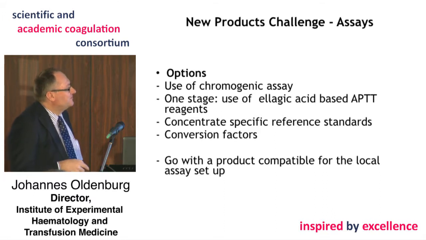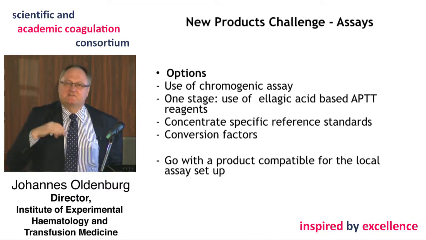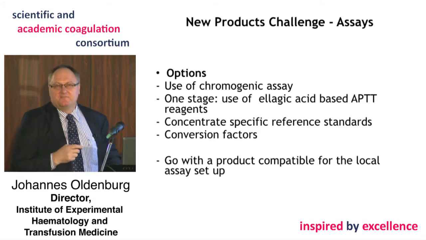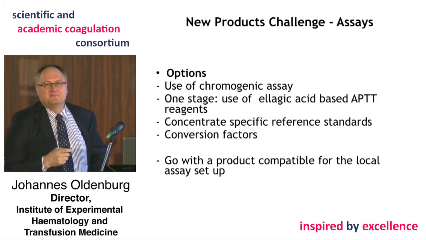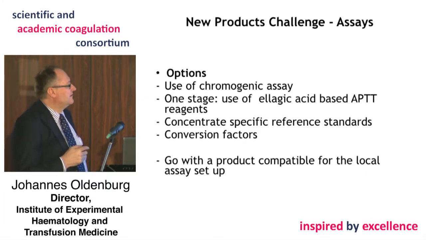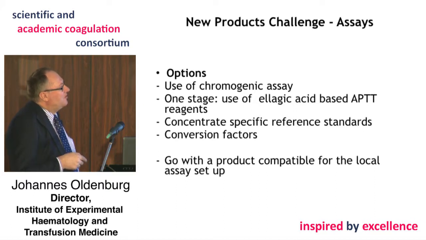The differences of these assays and the behavior of the clotting factor concentrates are detailed in a review paper from Flora Peyvandi, published in 2015 in the Journal of Thrombosis and Haemostasis. So if we look at these new products, we have several options.